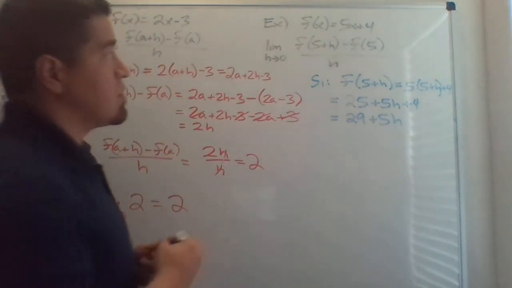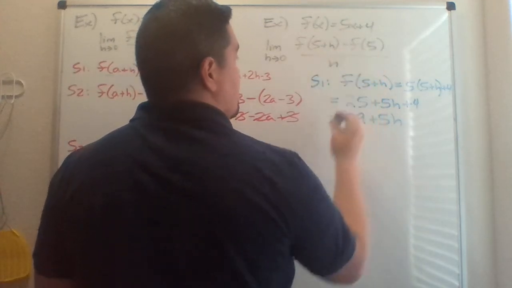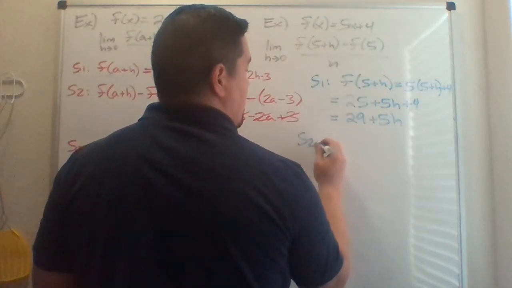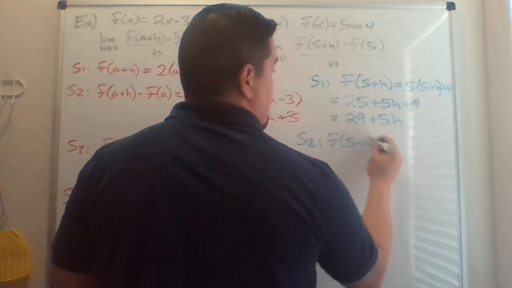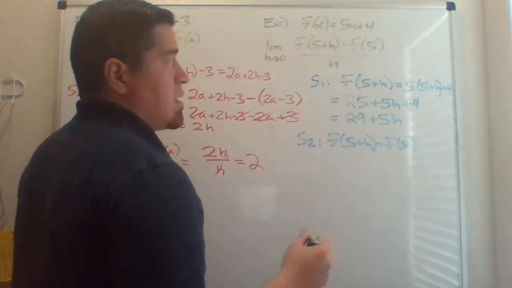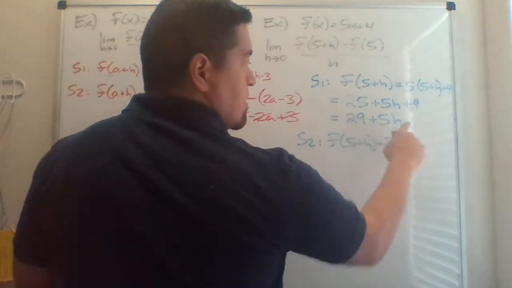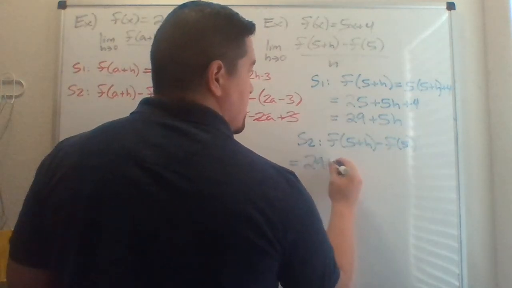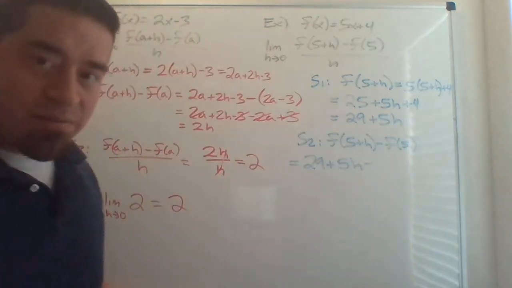Step 2 will be f of 5 plus h minus f of 5. Well, f of 5 plus h we already have, right? That's the previous step. 29 plus 5h. So we're not going to redo that. Minus f of 5. Well, what does f of 5 mean?